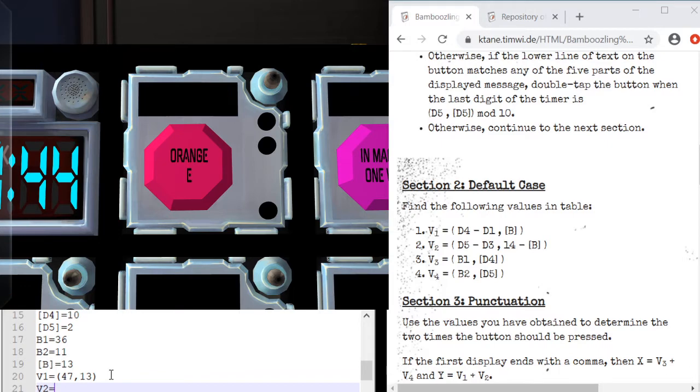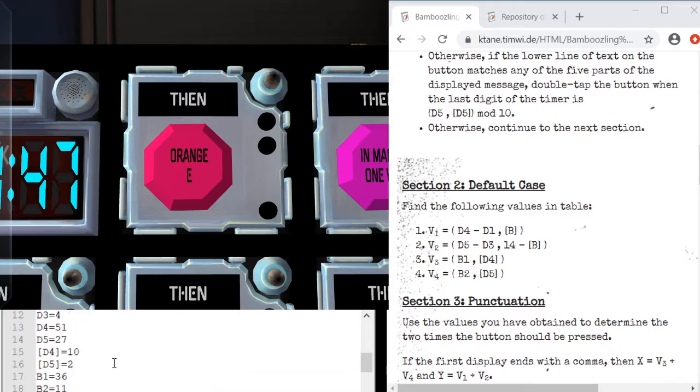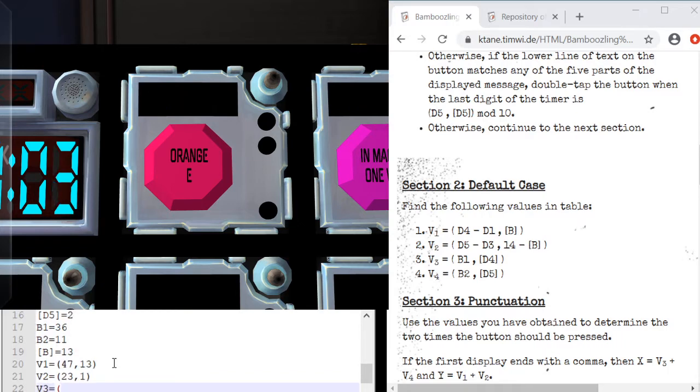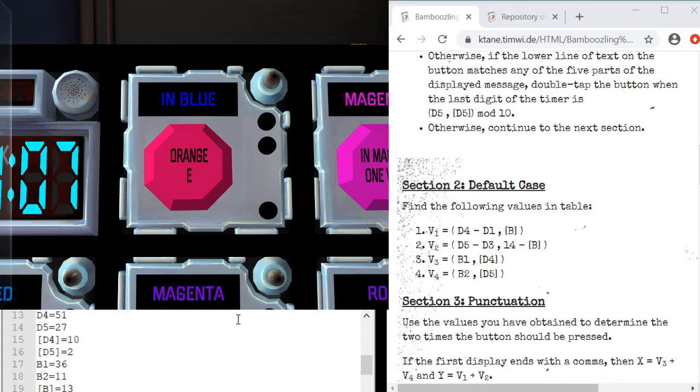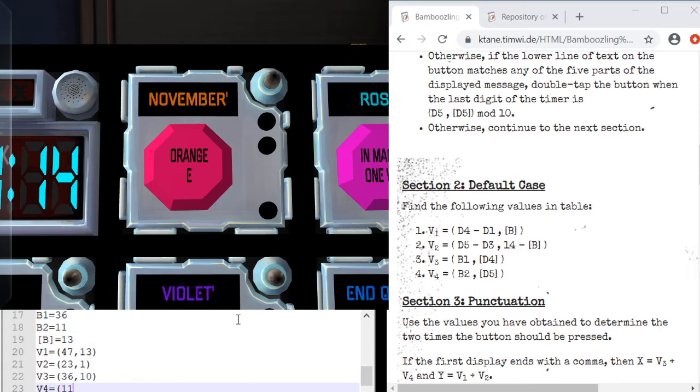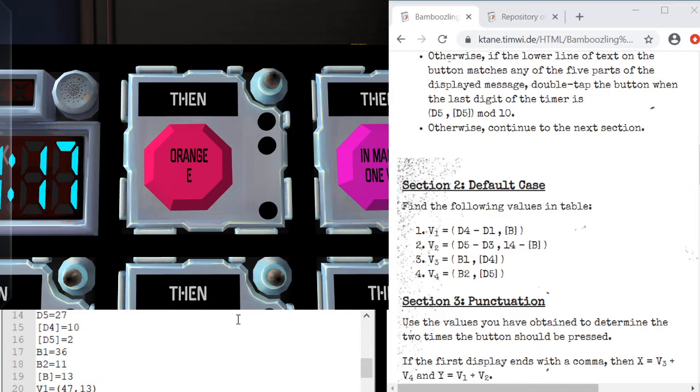V2 is D5, which is 27, minus D3, which is 4, which means 23, comma 14 minus B, which is 13, which gives us 1. V3 is B1, comma D4, which is 36, comma 10. And finally, V4 is B2, which is 11, comma D5, which is 2.